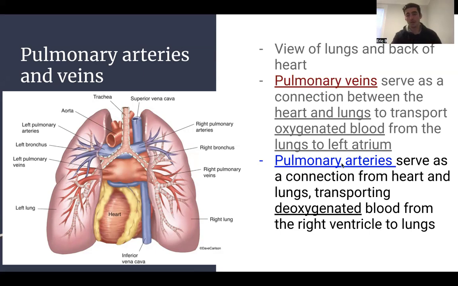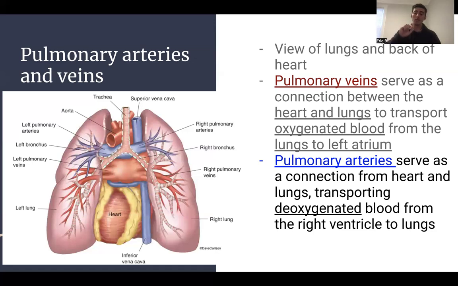The arteries here are highlighted in blue. You may see that arteries and veins have different colors on different models, but what you can take away from this video is that arteries pump blood away, and veins, including pulmonary veins, bring blood towards the heart.